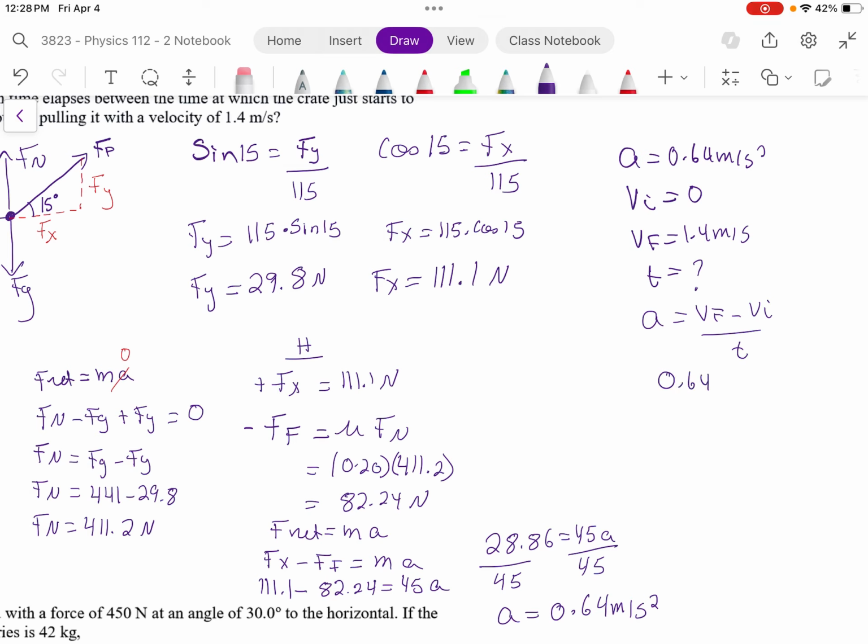So 0.64 is equal to 1.4 minus 0 divided by time. So time is equal to 1.4 divided by 0.64, and the time is going to be 2.2 seconds. So it takes 2.2 seconds to reach a velocity of 1.4 meters per second.